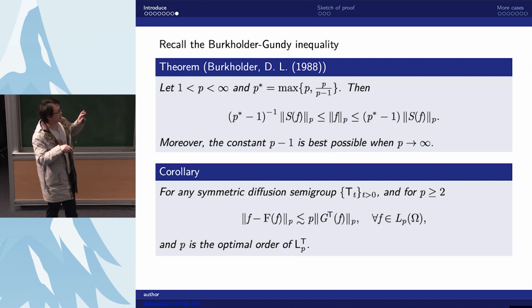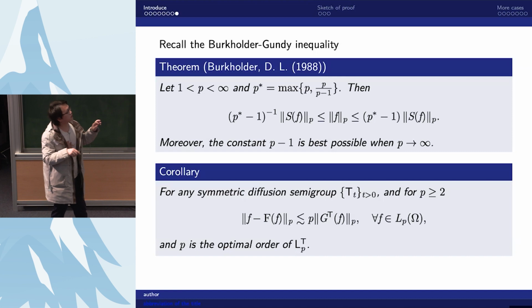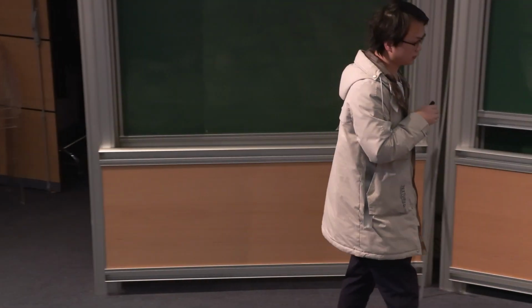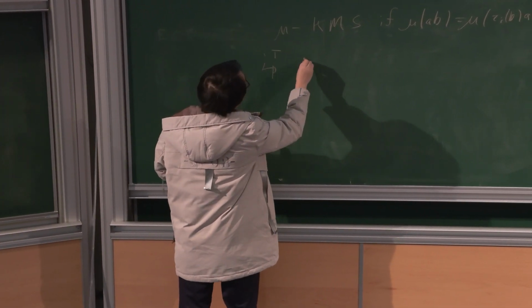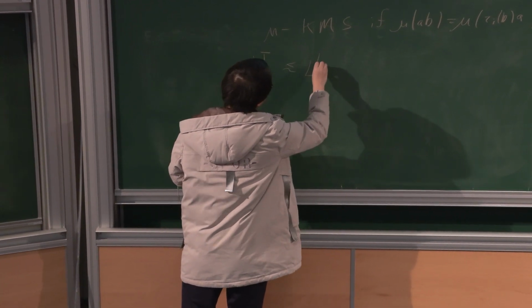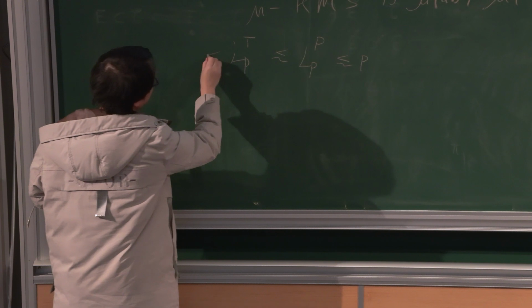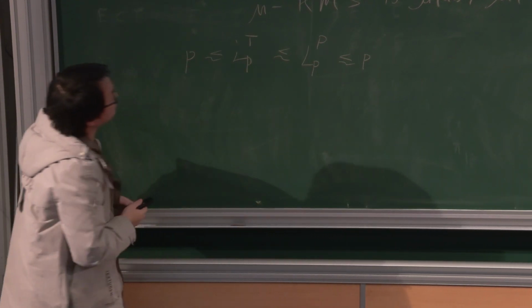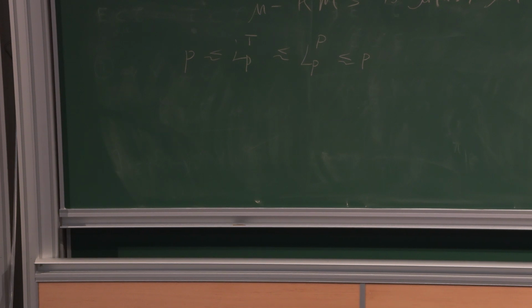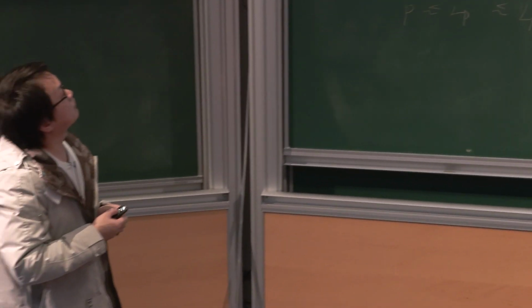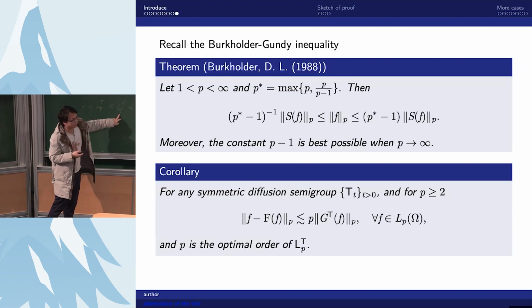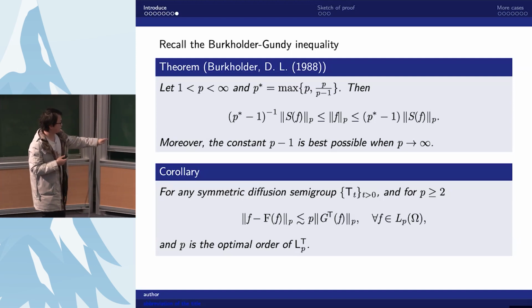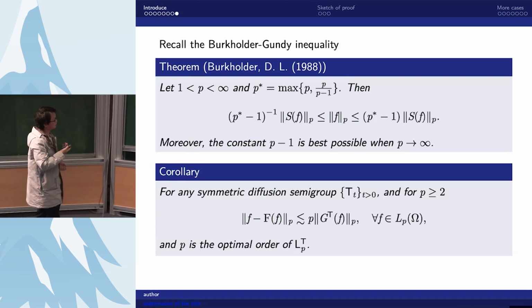Since we know from Xu's result that LPT is bigger than P, and LPT is less than LPP is less than P, we get that the optimal order of LPP is just P. This result also gives the optimal order of LPP and the best constant of SPP when P goes to 1.